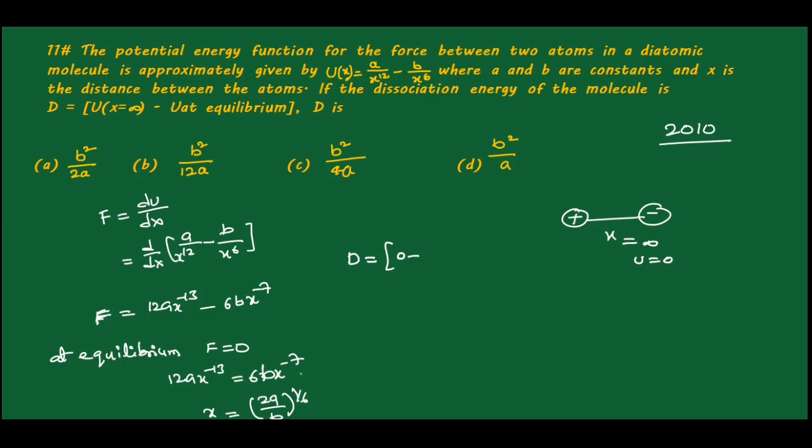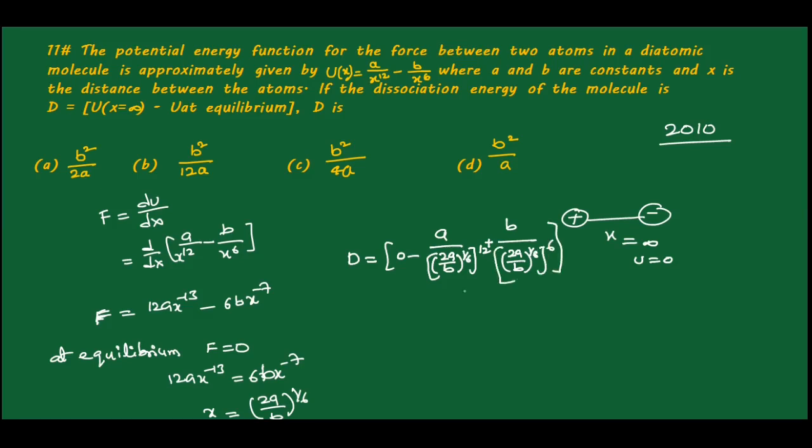Now write this x value in the above equation, that is a divided by (2a/b) to the power 1/6, whole power 12, minus b, actually minus of minus you will get plus here, b divided by (2a/b) to the power 1/6, whole power 6.